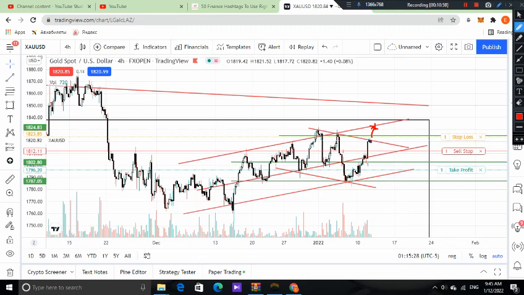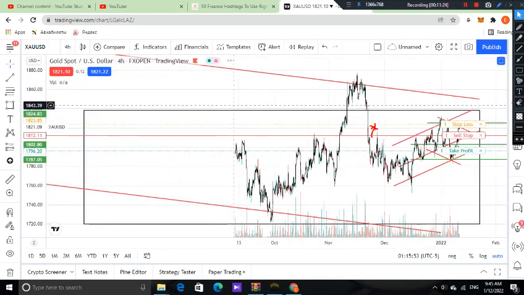You can set it here. After all, we have reached the top of this trading range, and we also hit the upper line of this bullish channel. So they are all telling us it's a good opportunity if you want to take a short. Yes, it's a good opportunity for you.